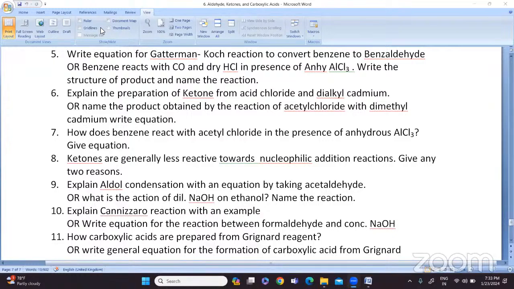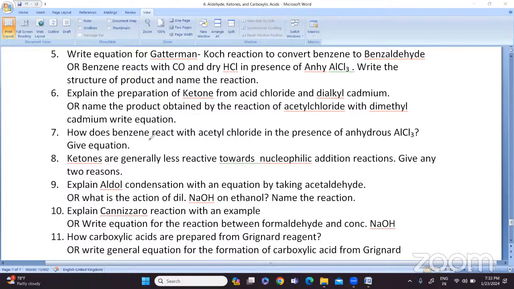Yes, how does benzene react with acetyl chloride? So how do you write this equation? Can you give me the product obtained? Yes, please answer. Are you understanding the things or no?